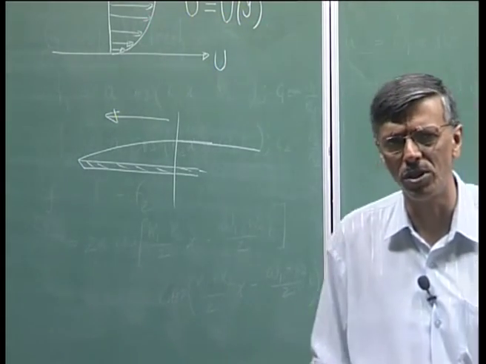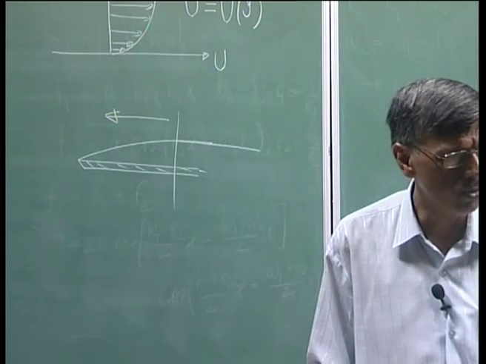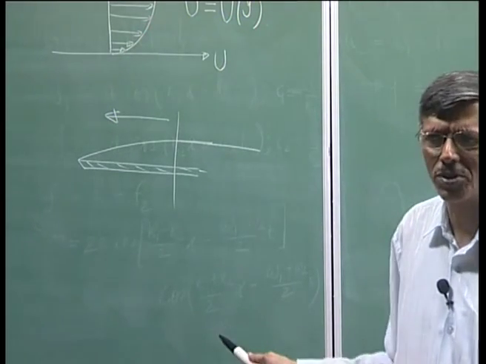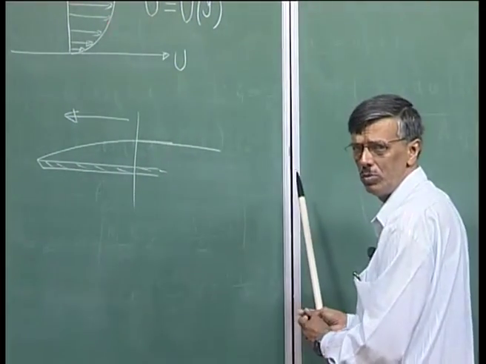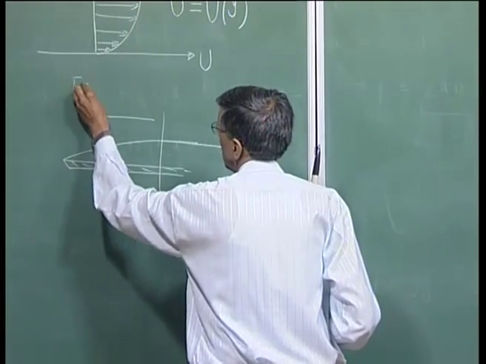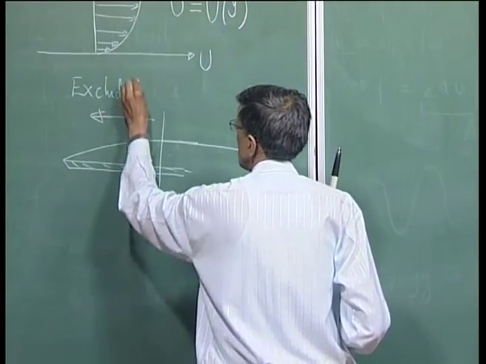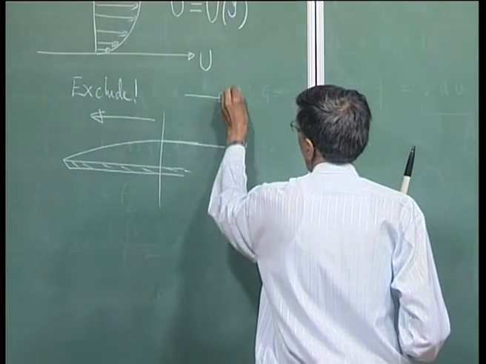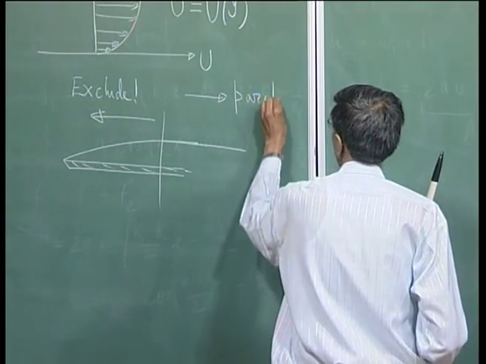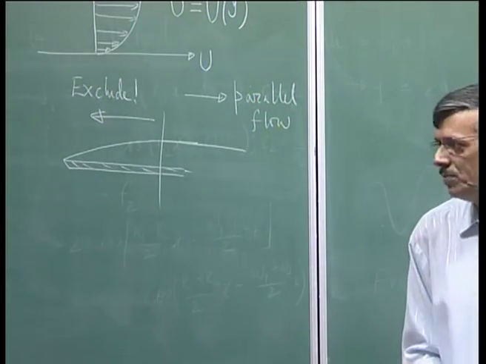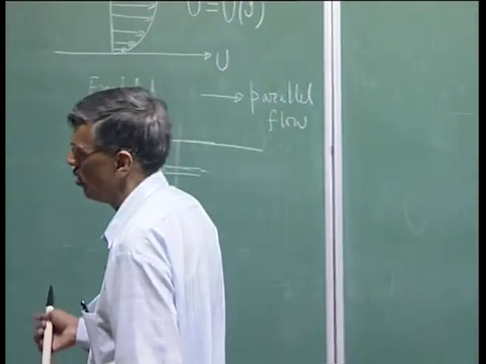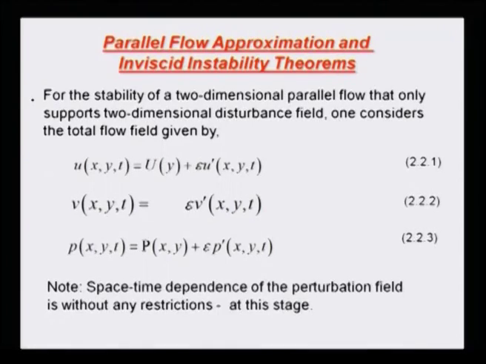And that is precisely what you actually do get to see. Even if you go to a tunnel and do the experiment, you are going to get a similar profile. So, if I leave out this part of the flow, we exclude it in this study, and this is where we are justified in talking about parallel flow. Right? Then of course, we also start with the paradigm of inviscid studies. Let us see what happens.